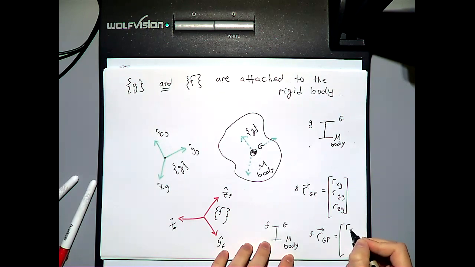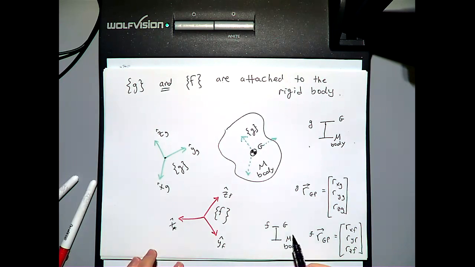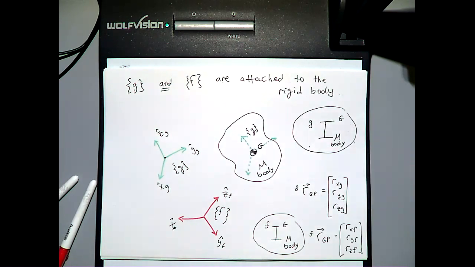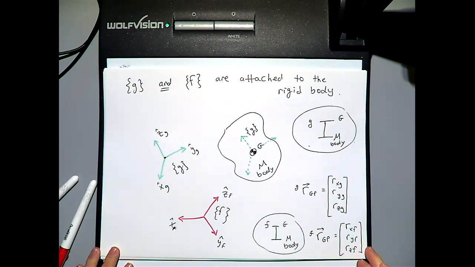So let's say RxF, RyF, RzF. So you will get a different inertia tensor here. It will be different from this because you are using different axes. You are measuring your projections on different axes.